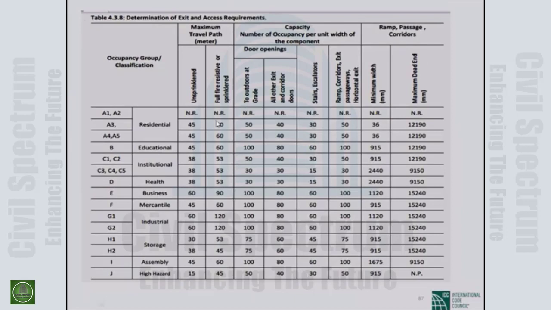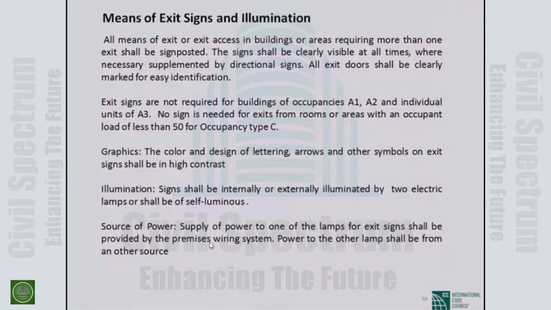While designing, you have to design the travel path distance at the maximum value. Remember, the travel path value is the maximum distance. Normally, whatever BNBC says is the minimum value, but in this case especially it is the maximum value. So you can design the maximum distance for a travel path.